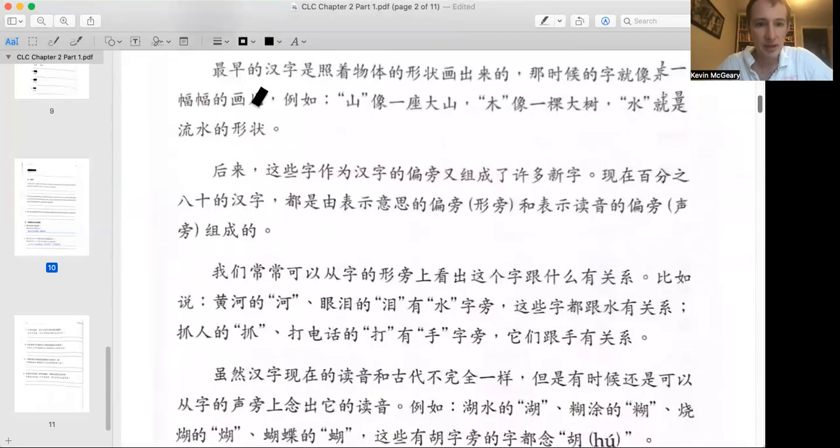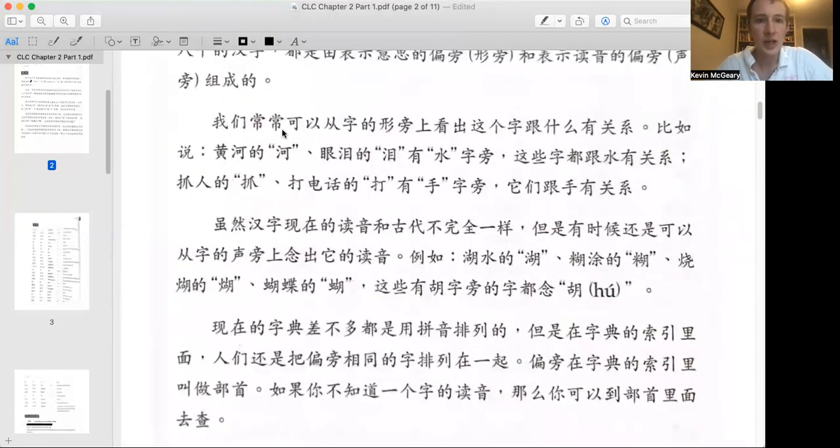So, paragraph 3. 我们常常可以从字的形旁上看出这个字跟什么有关系. So we can often see from a character's meaning element what it is related to. 比如说黄河的河, so the 河 in 黄河, Yellow River. 眼泪的泪, the 泪 in 眼泪, tears that come from your eyes. 有水字旁.